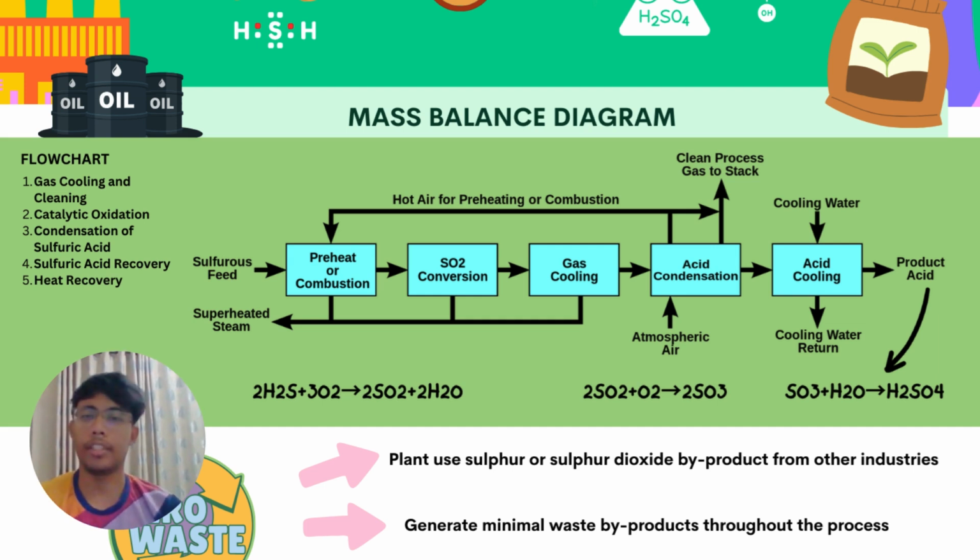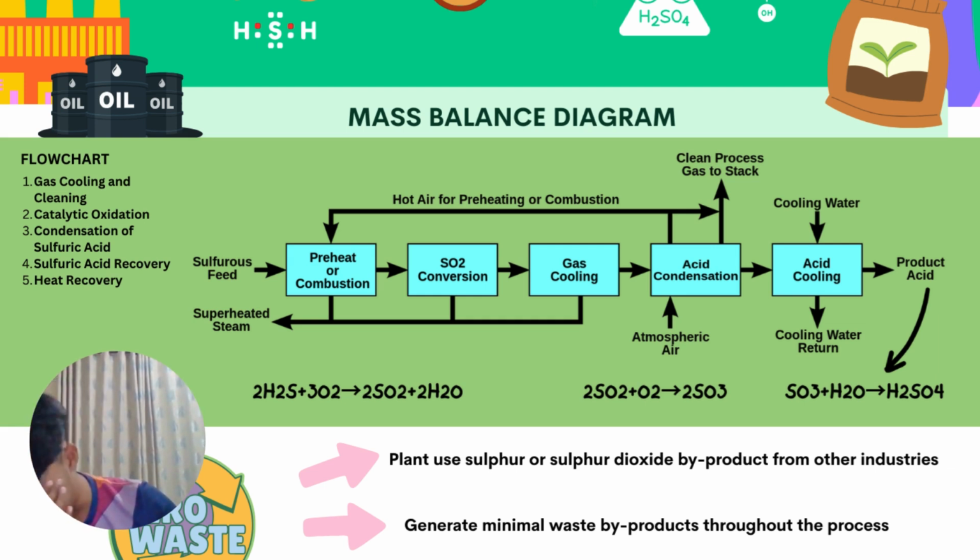So, the wet sulfuric acid process involves several stages, which are gas cooling, catalytic oxidation, condensation, and sulfuric acid recovery. This overall process efficiently converts sulfur-containing gas, such as hydrogen sulfide, sulfur dioxide, and other sulfur compounds into high purity sulfuric acid.